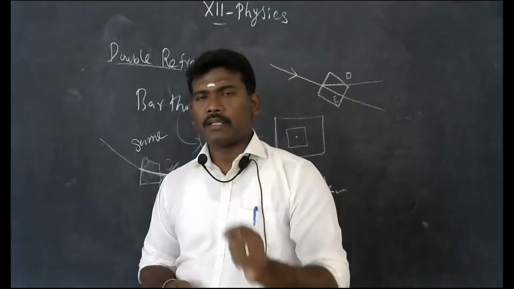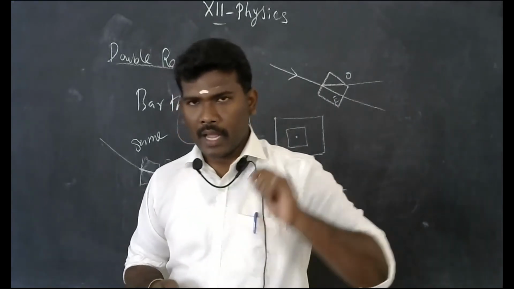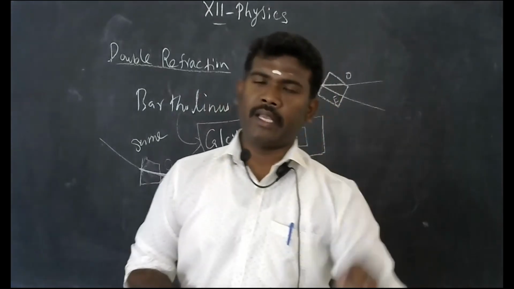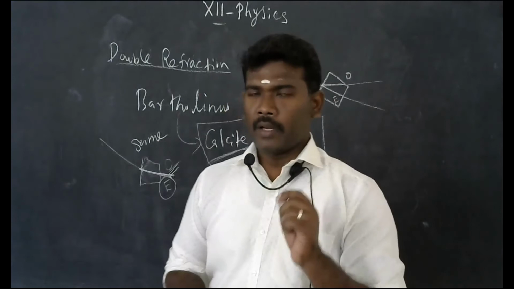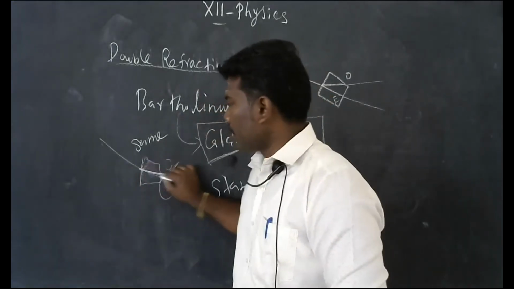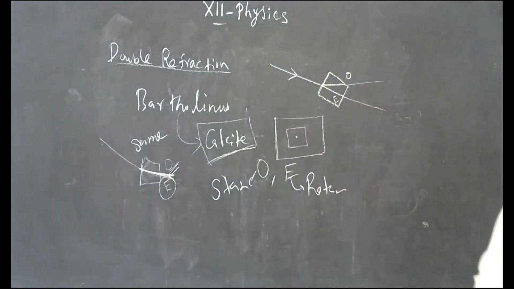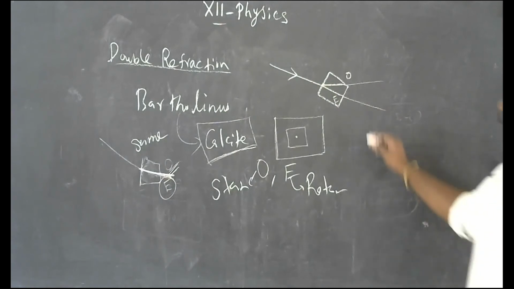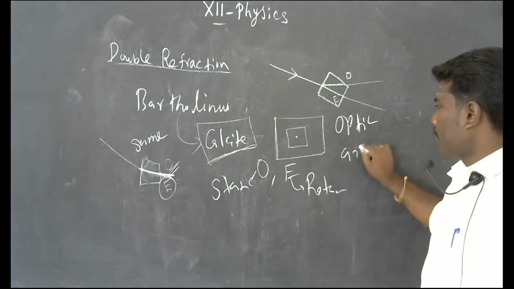If the ordinary and extraordinary rays travel in the same direction with the same velocity, then at that particular axis they have the same refractive index. That particular axis is called the optical axis, or simply the optic axis.